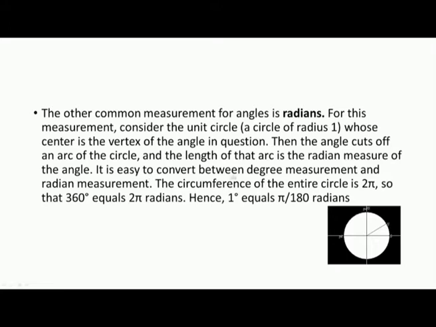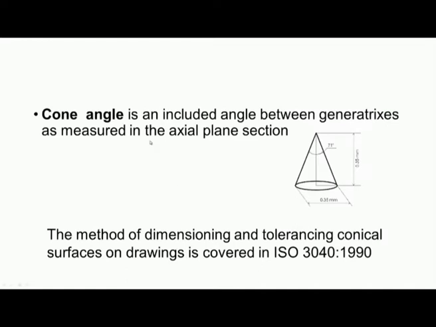It is easy to convert between degree measurement and radian measurement. The circumference of the entire circle is 2 pi. So, 360 degrees equals 2 pi radians, hence 1 degree equals pi by 180 radians. Now, there is another term, cone angle, which is more frequently used.